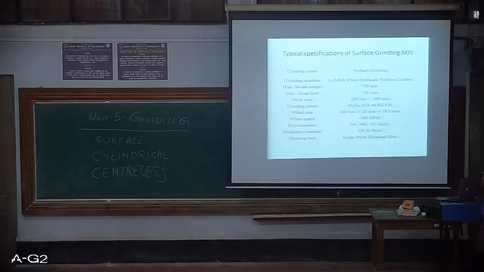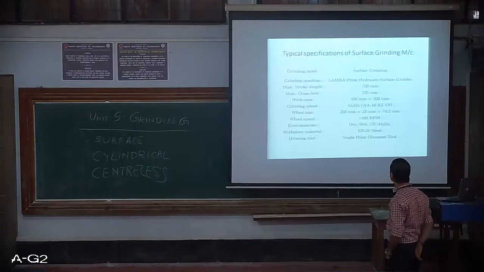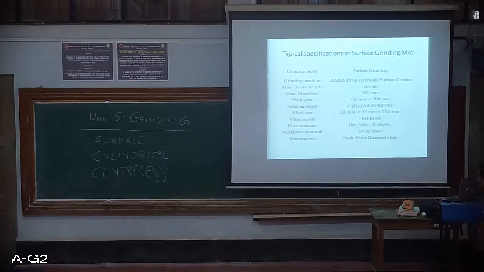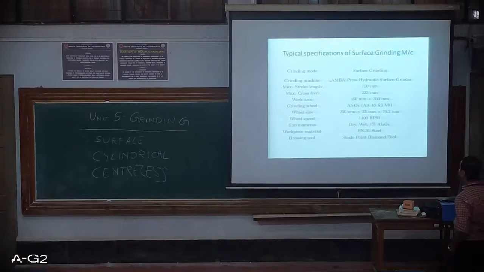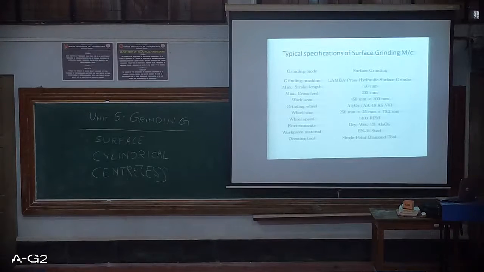Next is wheel size. The rotating wheel size which we can observe is 250 mm into 25 mm into 76.2 mm. That is the wheel size. The wheel speed is 1400 rpm. It can revolve at a speed of 1400 rpm. Then the environment can be dry or wet with 1% Al2O3.